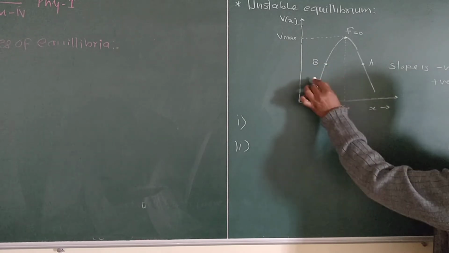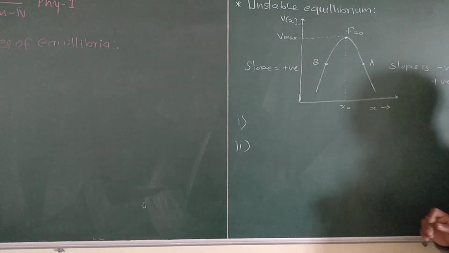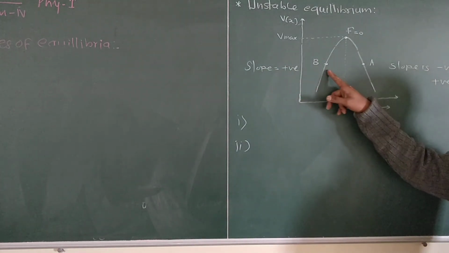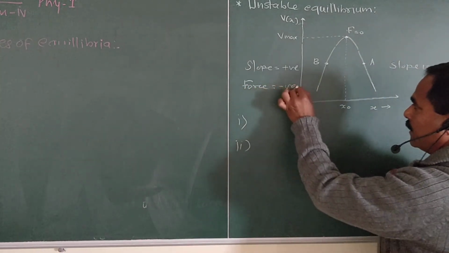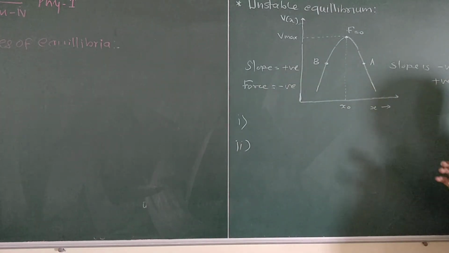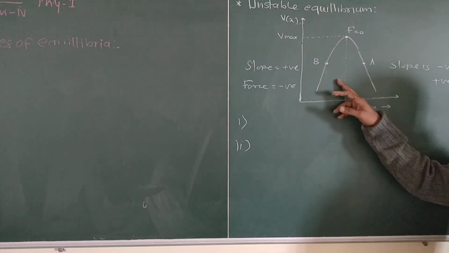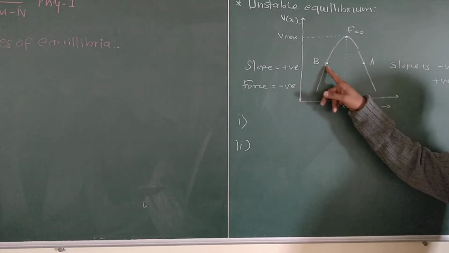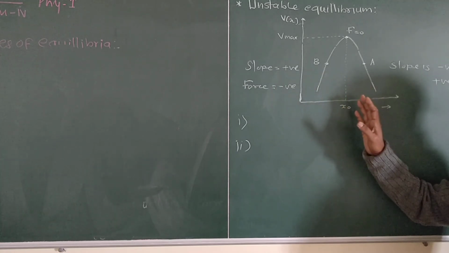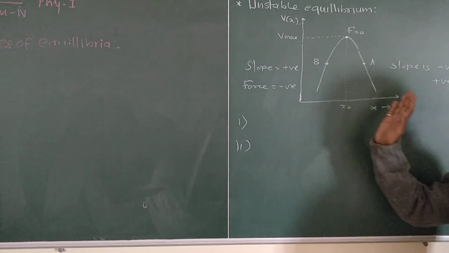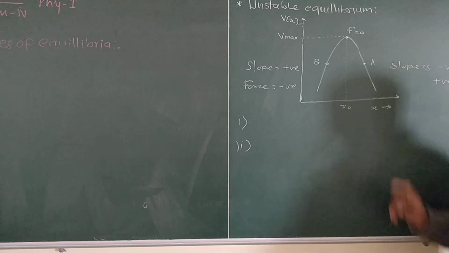At point B, due to this negative force, the particle is accelerated toward the left side, away from the equilibrium position.